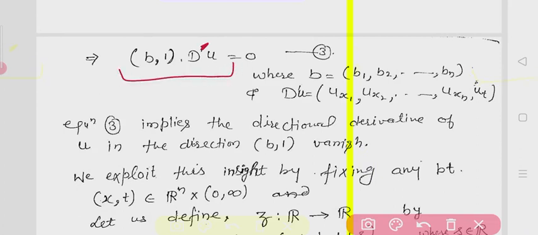This is the directional derivative of u in the direction of b1, right? This is the directional derivative, so we are writing the same thing: the directional derivative of u in the direction b1 is 0.